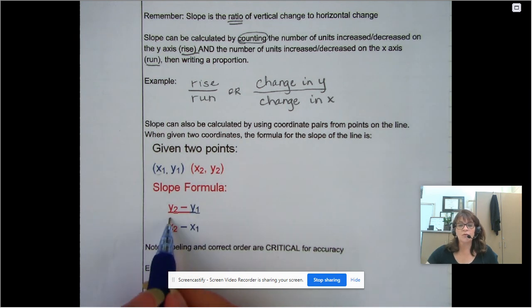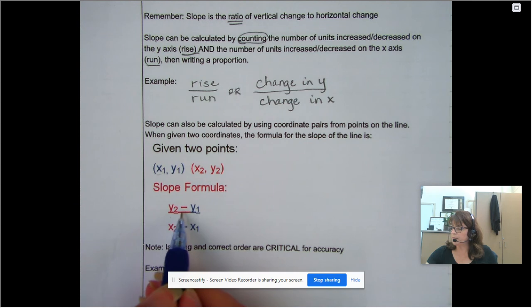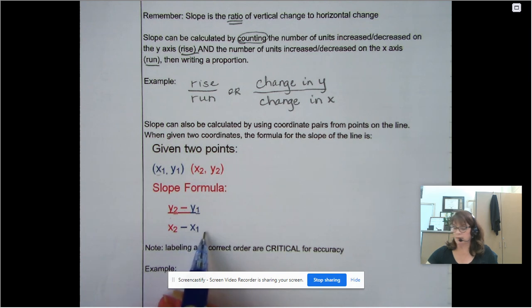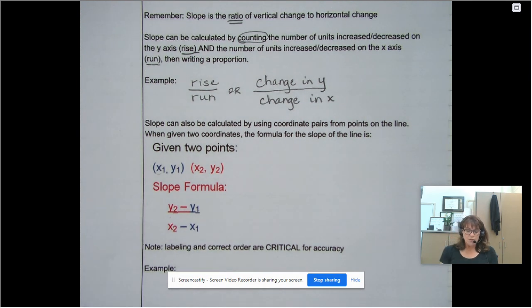Then notice in the formula, y is the numerator, and it's 2 minus 1. X is the denominator, and it's 2 minus 1. So I want to go through this really carefully and practice the labeling. The labeling is going to save you.